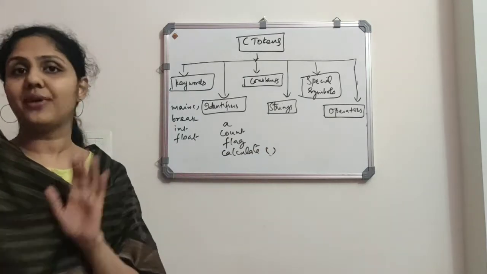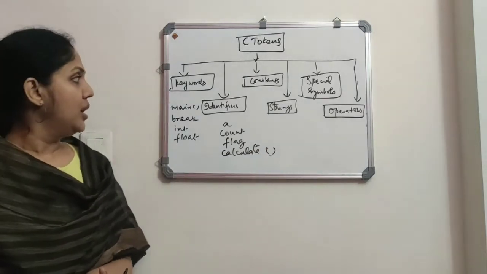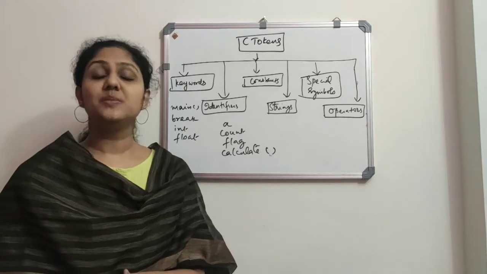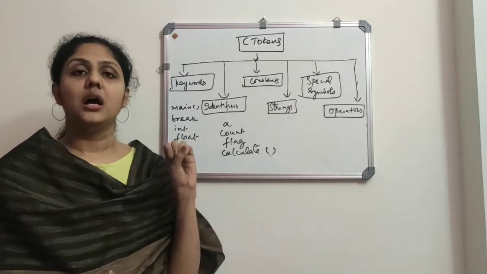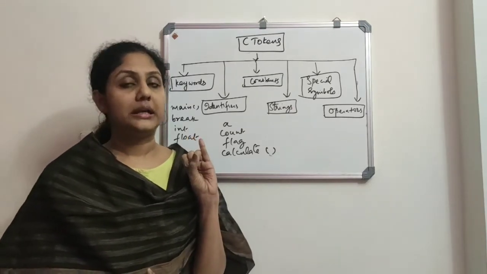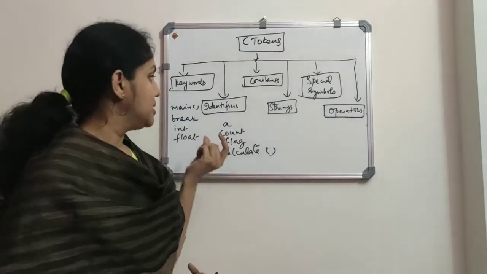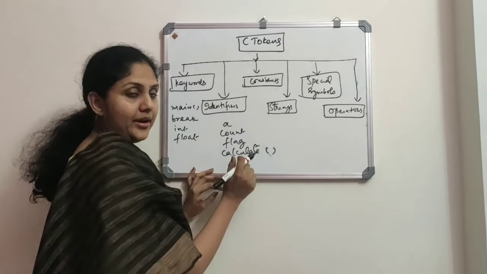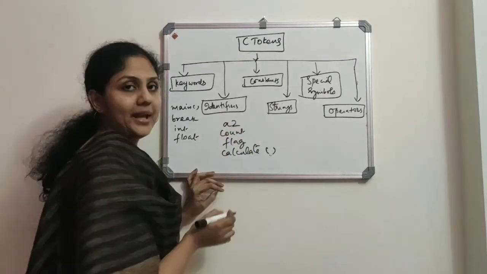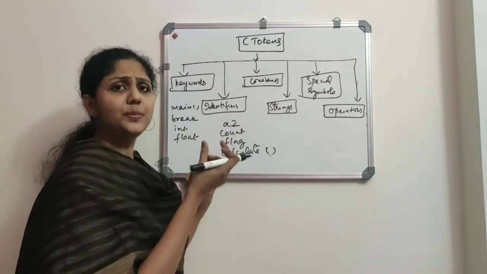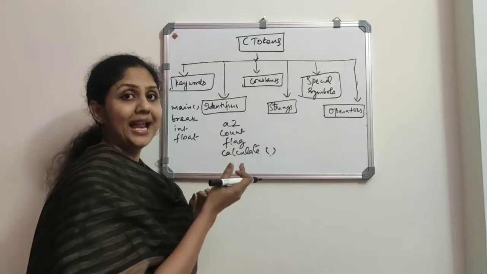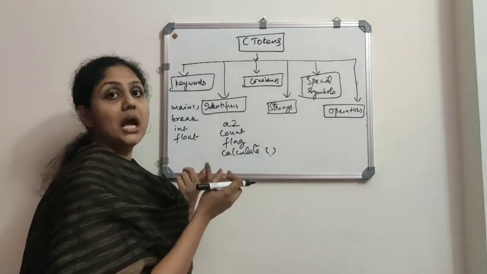There are 5 important rules. When you write an identifier, it must be a combination of alphabets or digits, and it could have an underscore also. So A could be an identifier, A2 could be an identifier. It could be a combination of digits and alphabets. Also we can use an underscore.